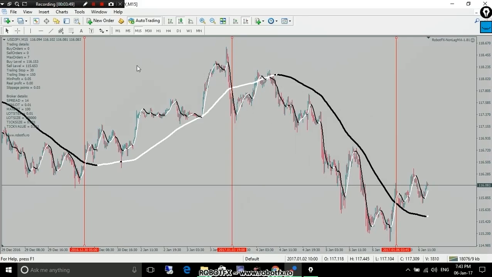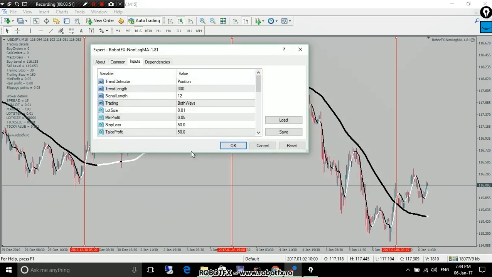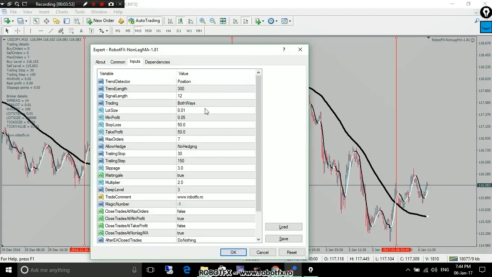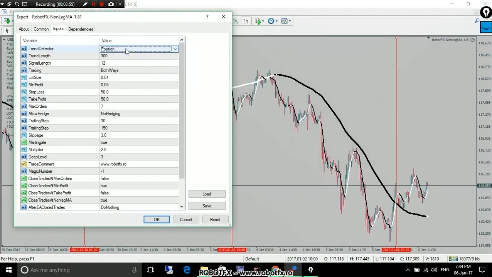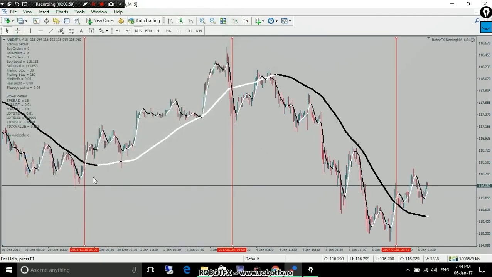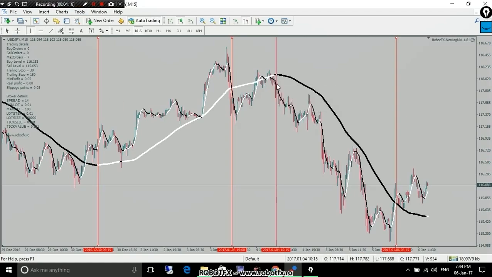All right, and then there is the third option, which you can use for safety, let's say, and that is both of them. For the Expert Advisor to buy, the price must be above the non-line moving average, and the non-line moving average must be white color. And so it will stop here somewhere, and then to sell, price must be below it, and the non-line moving average must be black color.